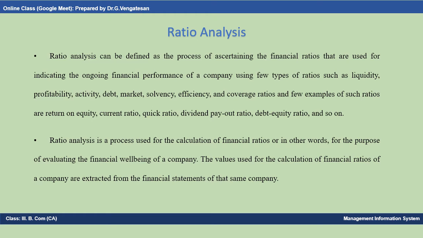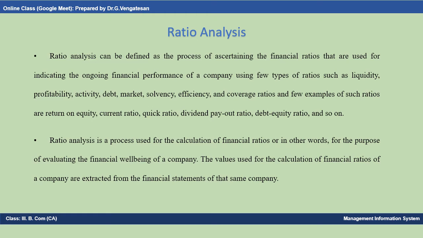Examples of such ratios are current ratio, quick ratio, debt equity ratio, and so on. To measure the financial performance of an organization, we go with ratio analysis, which is a process used for calculation of financial ratios, in other words, for the purpose of evaluating the financial well-being of a company.